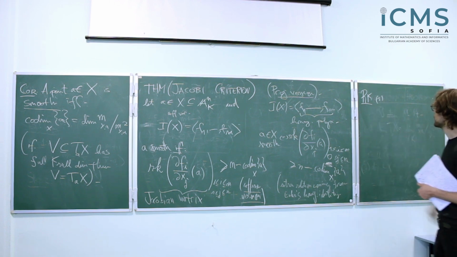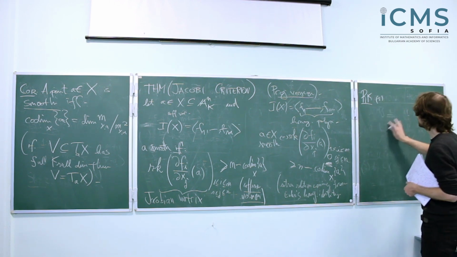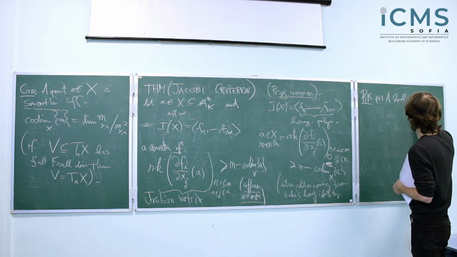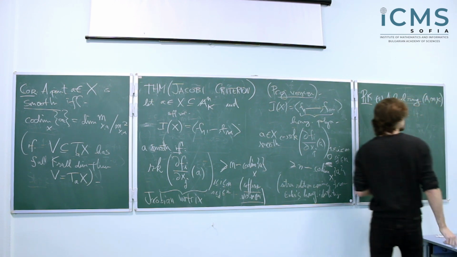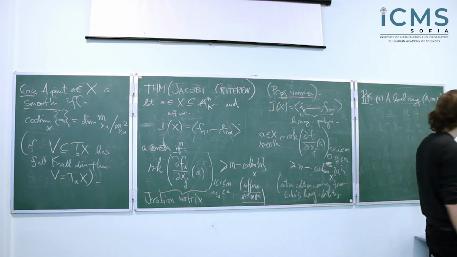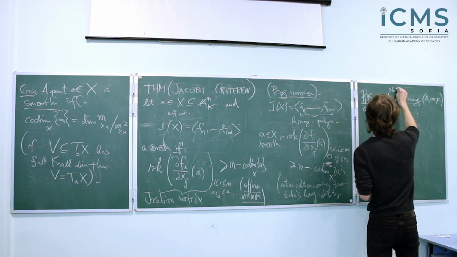So one of the first remarks I wanted to make is that a local ring, usually we write it like this: A is the ring, M is the maximal ideal, and K is the residue field, is regular.